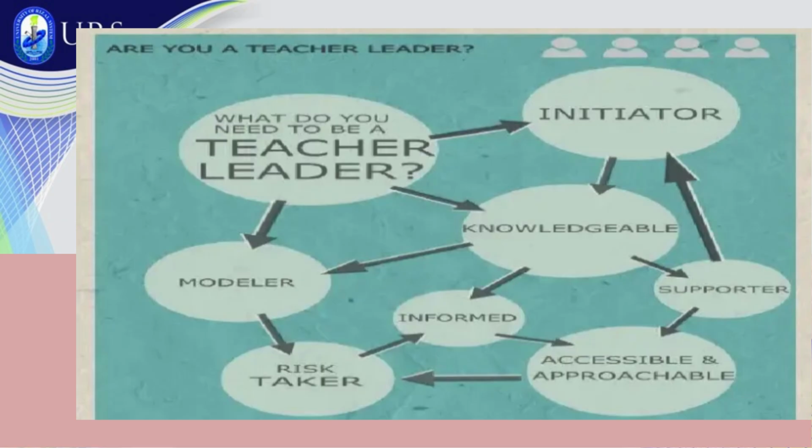Also, are you a knowledgeable leader, in which you leverage your expertise to make informed decisions, you guide your team effectively, and you foster a culture of continuous learning and improvement? As a knowledgeable leader, you must stay updated on industry trends, particularly in music education, and you have the desire to actively seek to expand your knowledge.